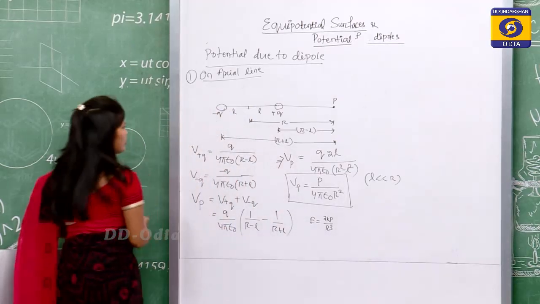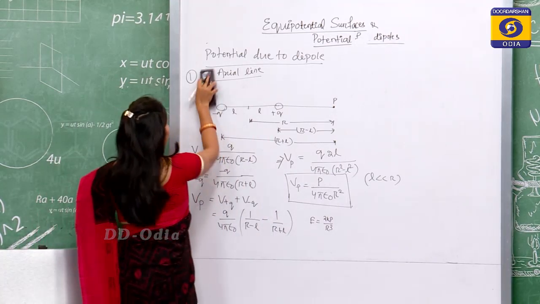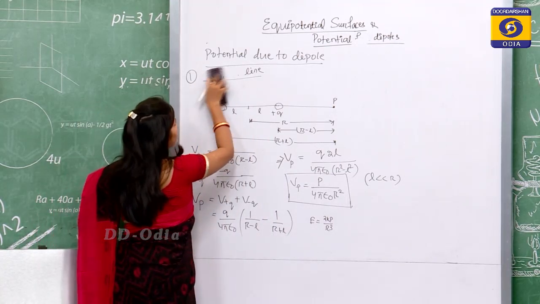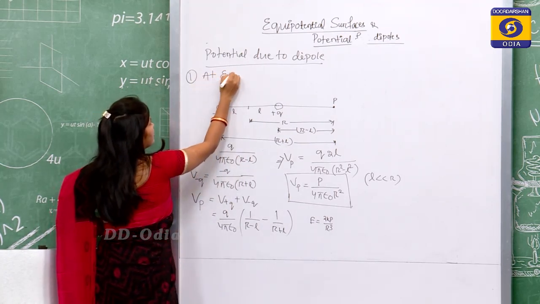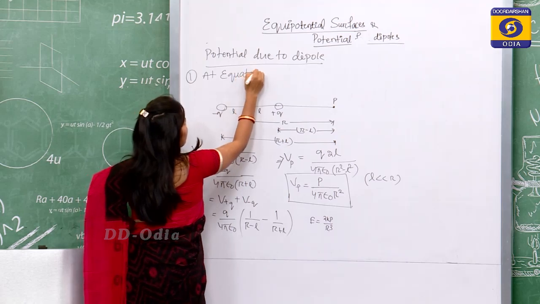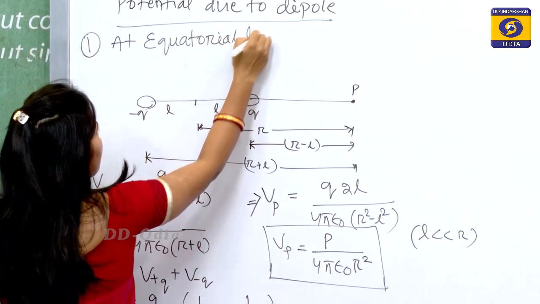Next, we will see what happens at the equatorial line.